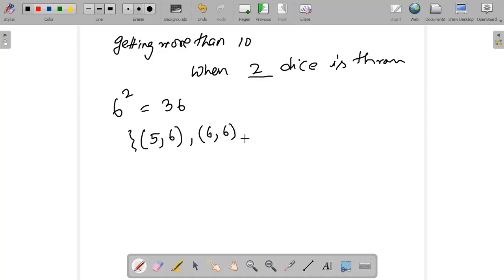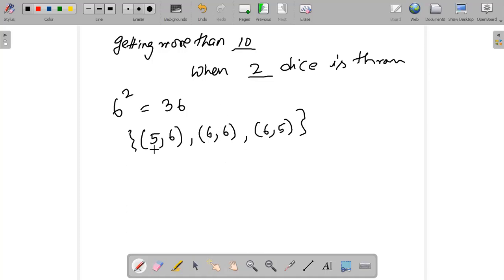And 6 comma 5. Get it now? When you add them, you have to sum them. So a total of more than 10.